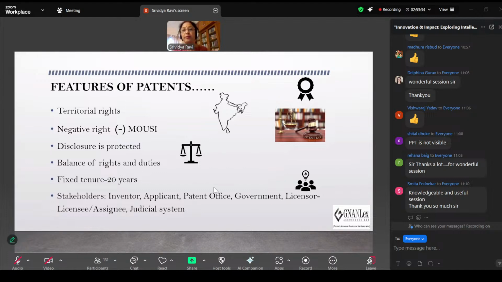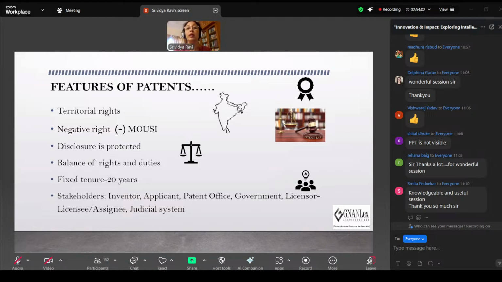The individual who has exercised his or her intellectual capability to invent something, to solve a problem, or to overcome an issue, such an individual is an inventor. So inventors are always individuals. Now, who is an applicant? The individual can be the applicant of the patent, so he can apply for the patent himself.